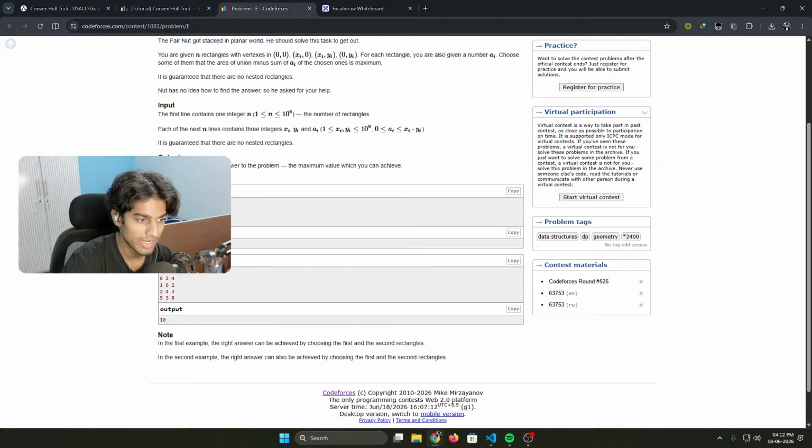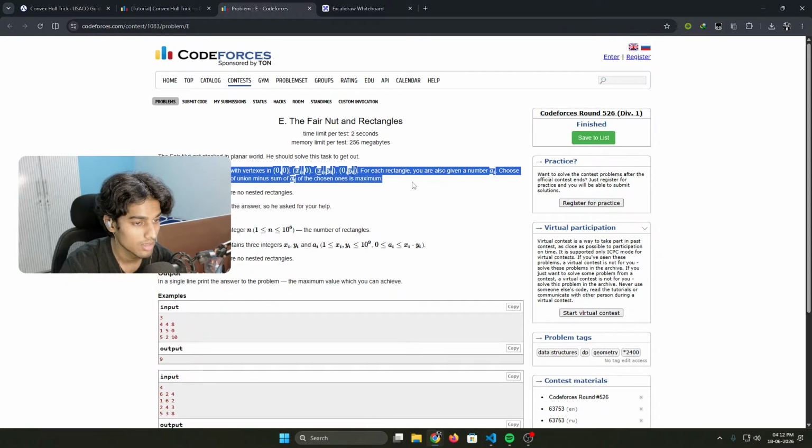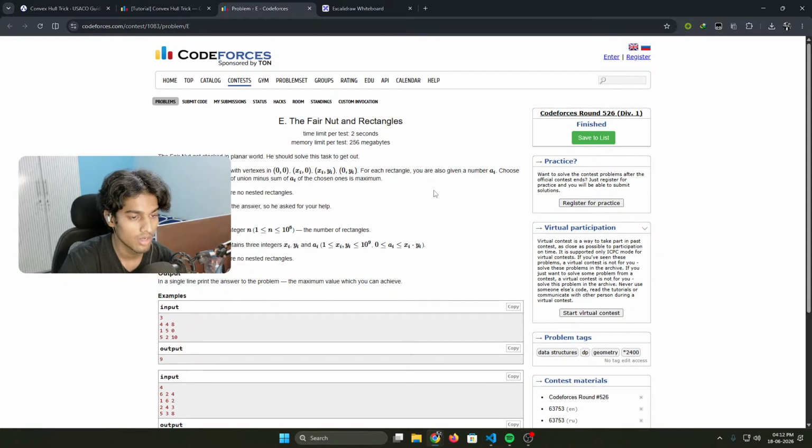So 5 4s are 20 minus 8. I might be wrong. For each rectangle, you are also given a number. Choose some of them such that the area of union... What the fuck is that?